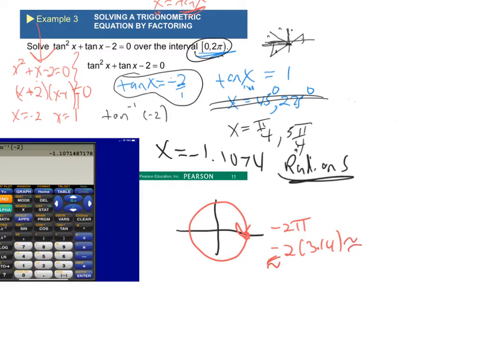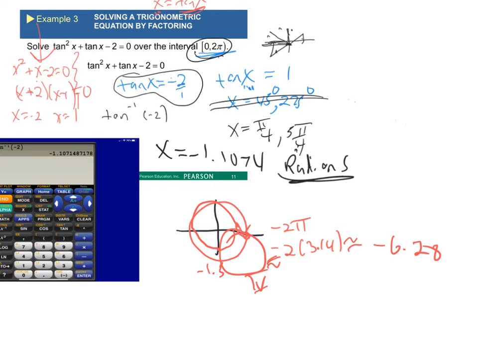Which is approximately negative 6.28. That's all the way around going clockwise. So if I go 1/4 of it, this would take you to a negative 1.5, and so forth. So I'm in quadrant 4 because I haven't gone past a negative 1.5. So we're in quadrant 4.